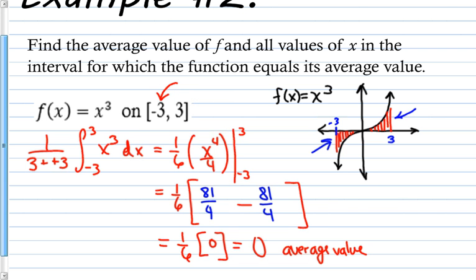It's the same exact amount, but this piece is underneath the x-axis. Therefore, it is negative. So this negative area cancels out this positive area. So the average, the exact area, is 0. Okay, find the average value, check.